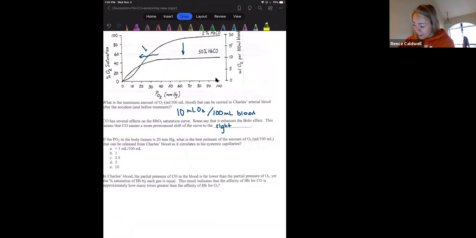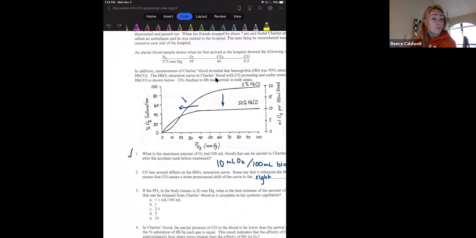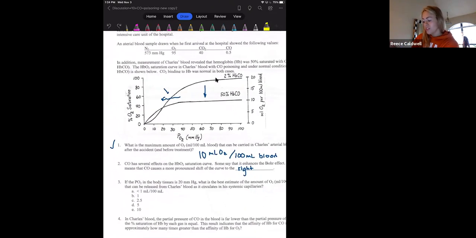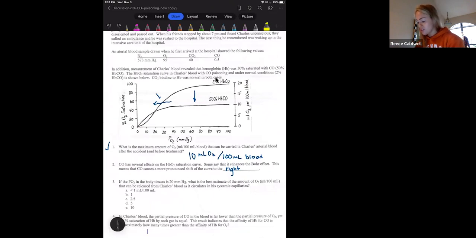The Bohr effect is a compensatory mechanism. So it's compensating for carbon monoxide poisoning, and it's trying to get us back to normal. The wording of this question's kind of poor.